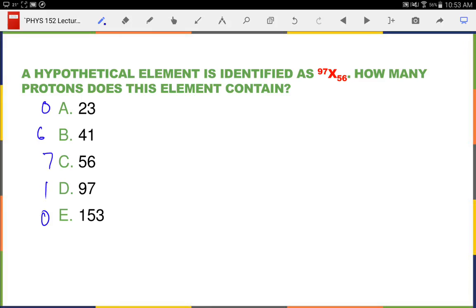Okay, so there's our answers. Let's go through how we find the answer here. Actually, no, discuss it. Discuss it among yourselves. Discuss how you came up with your answer and what the correct one is.